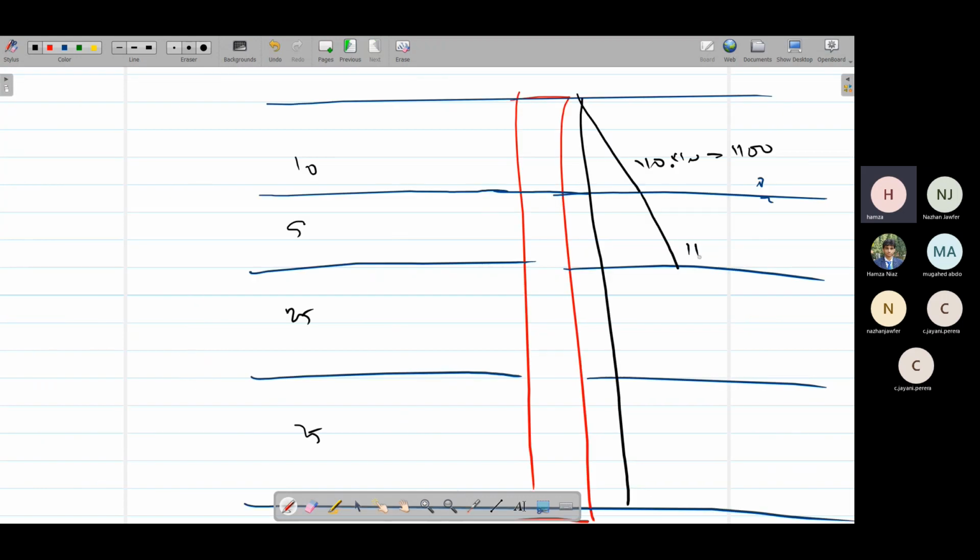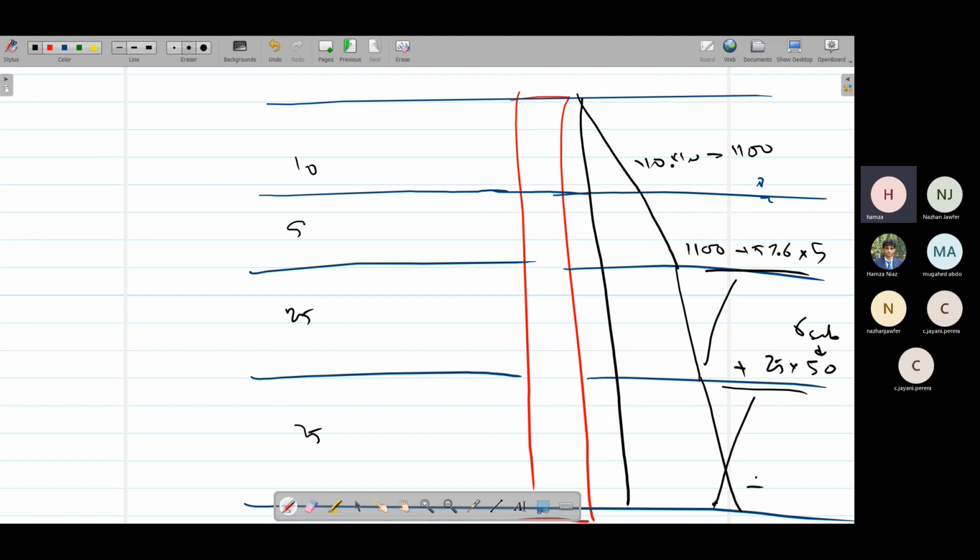So 1100 plus 50 times this layer thickness 5. The third layer would be this whole value plus 25 times this gamma value, for example 50, the gamma submerged. The last value would again be this whole sum plus 25 times this gamma value, suppose 60. This way we can get the overburden pressure.